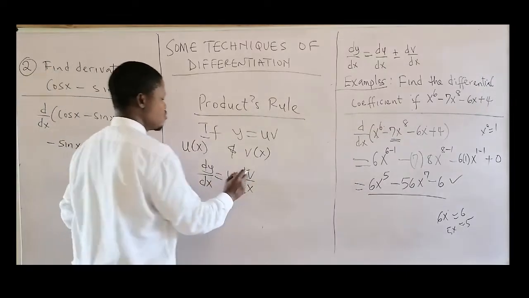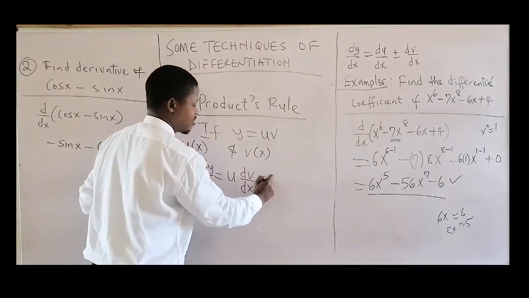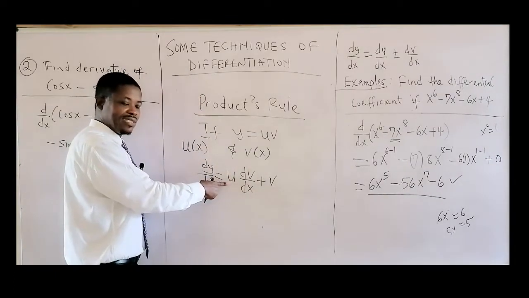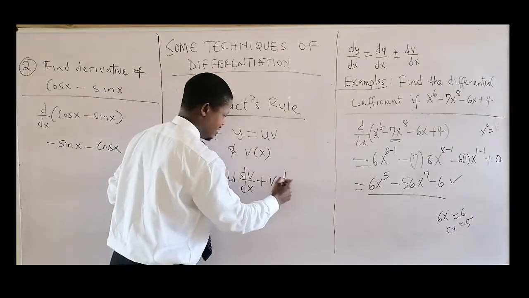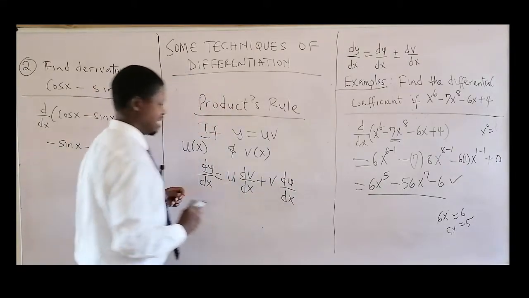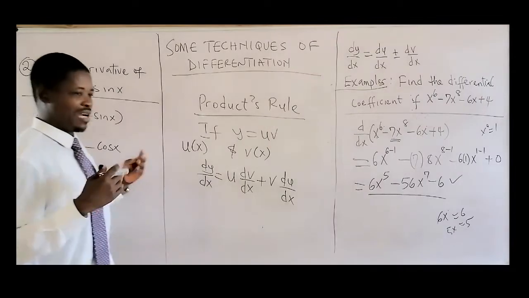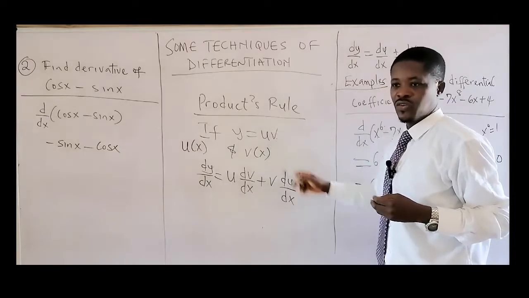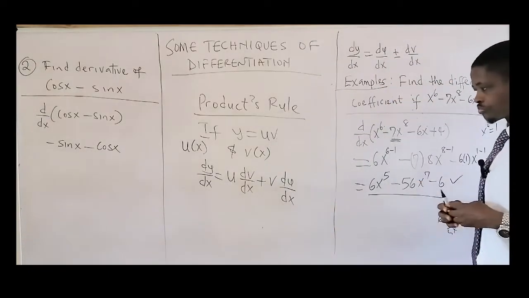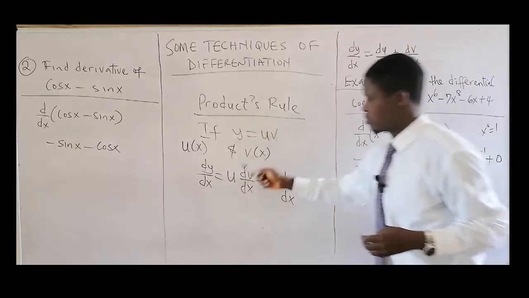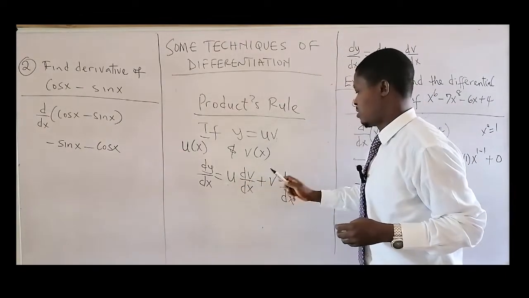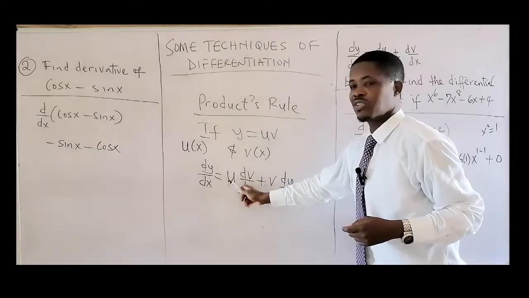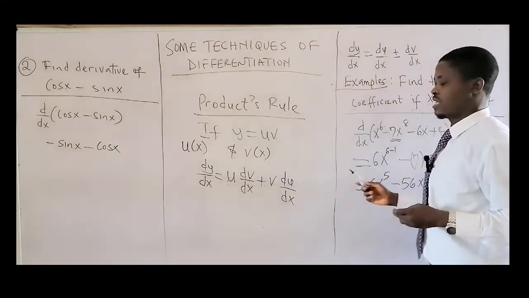Then plus the one you have differentiated here, you keep it constant, and the one you kept constant in the first instance, you now differentiate, that is du/dx. That's that on the product rule.